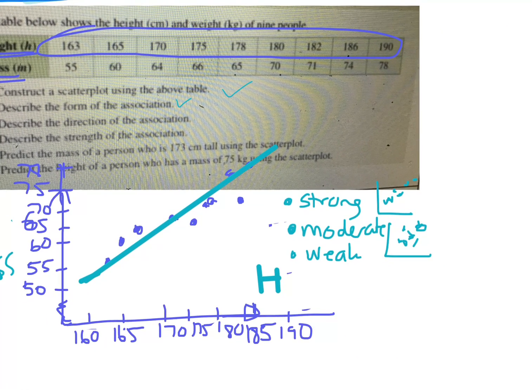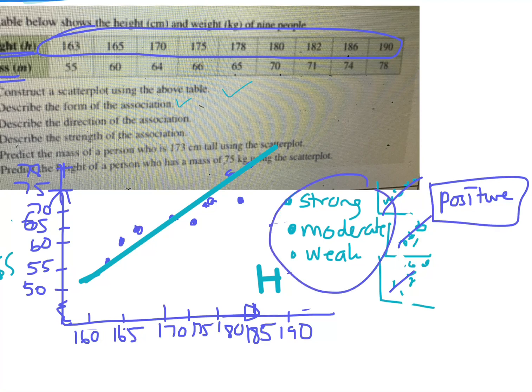All of these that I'm drawing, and here's a really weak one, but we want to still allow it to show a trend that it is going up. If you draw a line through all of those, the gradient is positive, and if the gradient is positive, then the relationship will be positive.